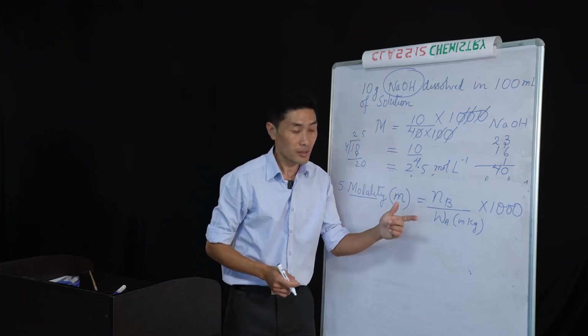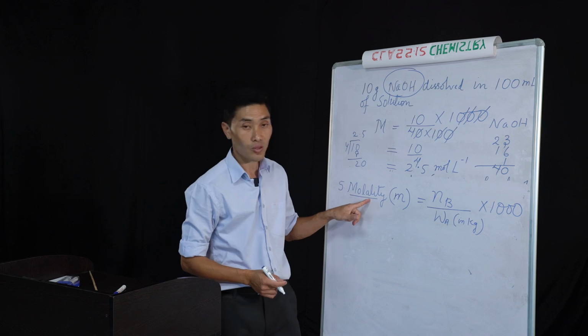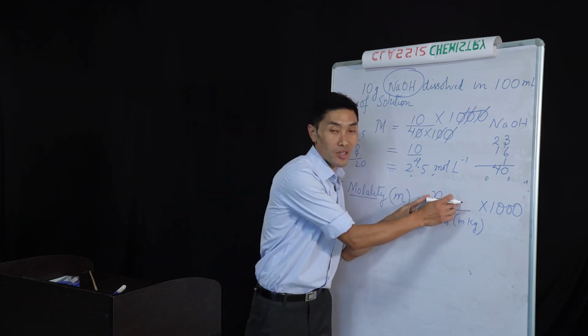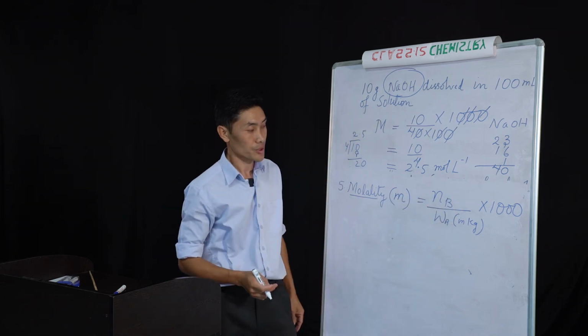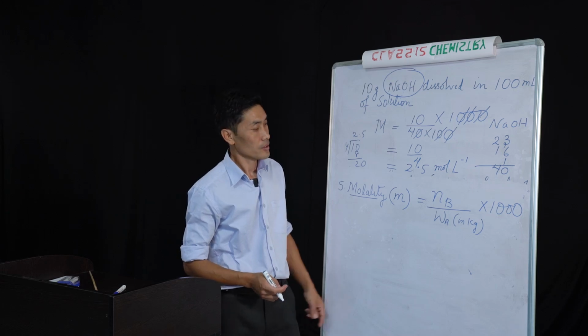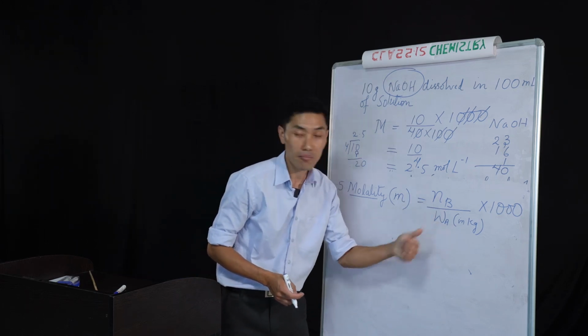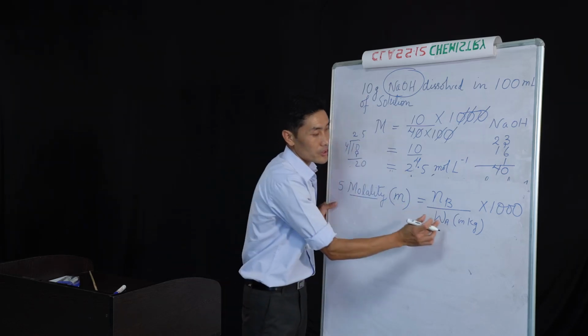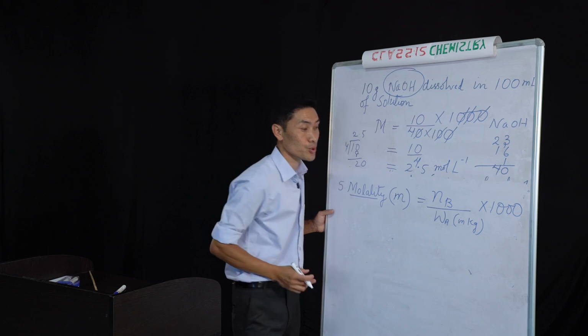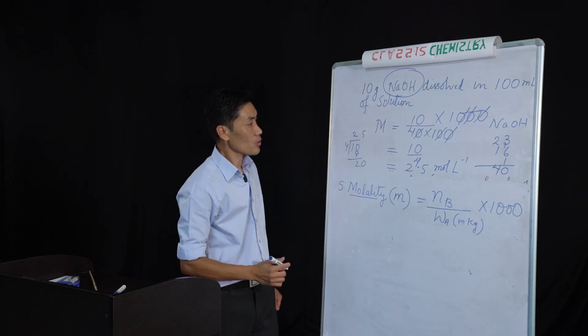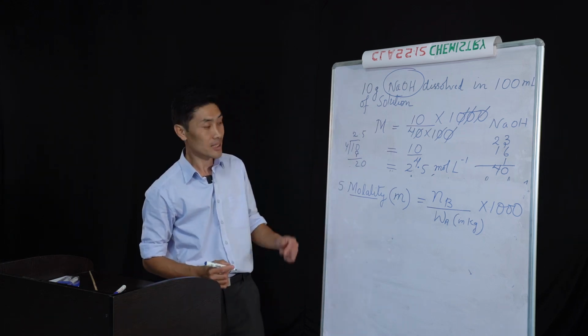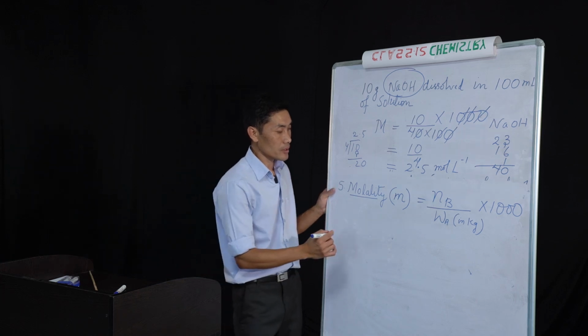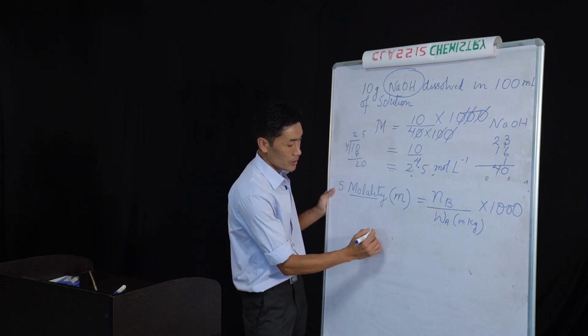So once again, to calculate molality also, we need to find the number of moles of the solute. Then we divide that by mass of the solvent in kilograms, whereas in molarity, we divide it by volume of the solution in liters.